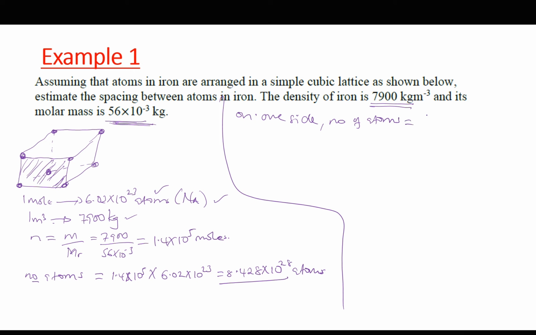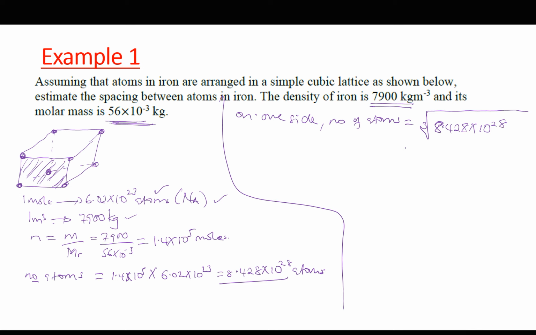So on one side, the number of atoms is going to be equal to the cube root of 8.428 times 10 power 28.